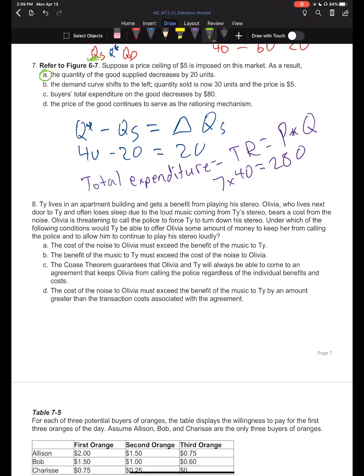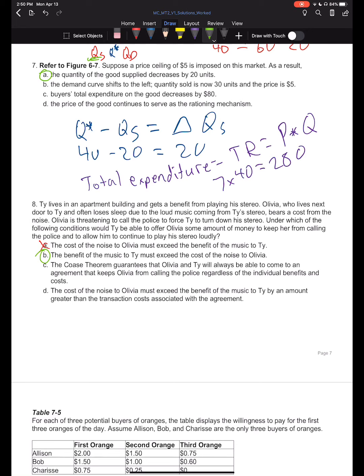So if the cost of the noise to Olivia exceeds the benefit of the music to Ty, well then Ty is never going to be willing to pay Olivia enough to continue listening to his music. So that's out. If the benefit of the music to Ty exceeds the cost of the noise to Olivia, well then Ty is going to be willing to pay up to his benefit of the music in order to make Olivia happy.